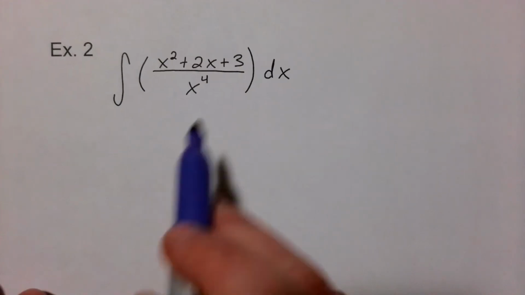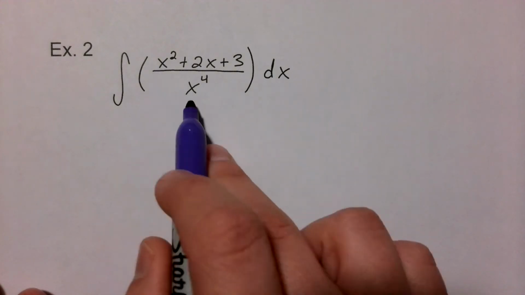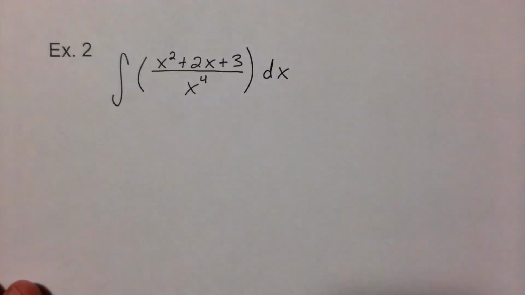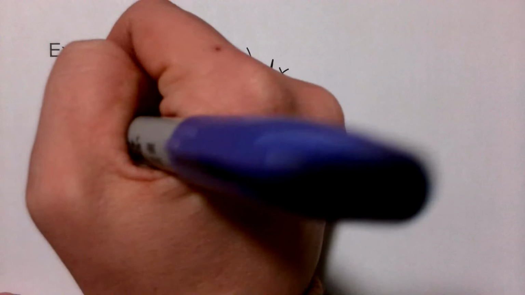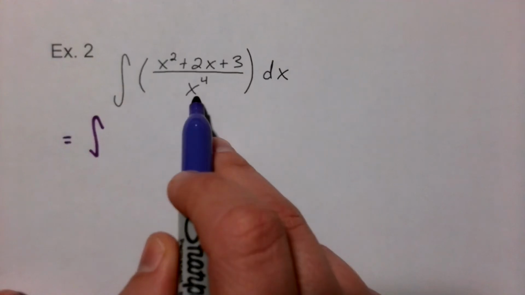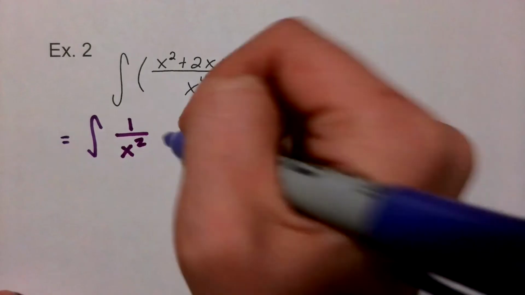So before I get started on this, I'm not using any sort of quotient rule. So the first thing that I want to do is simplify by dividing each of these pieces by x to the 4th, just like we did with derivatives when we first learned the power rule. We want to take the path of least resistance, or the easiest path if at all possible. So my x squared divided by x to the 4th would be a 1 over x squared.